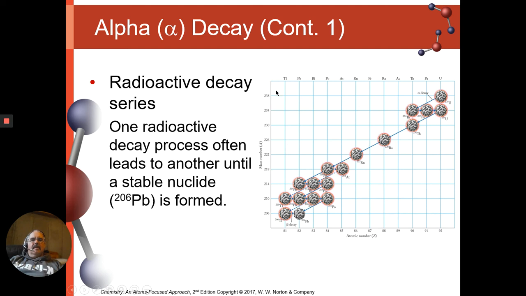So there is a decrease in mass of 4, and the atomic number decreases by 2. And then it undergoes 2 beta decays. There's no change in the mass number, but there's an increase in the atomic number by 1. So it's alpha, beta, beta, and then alpha, alpha, alpha, alpha, and so on, until we get to lead-206.